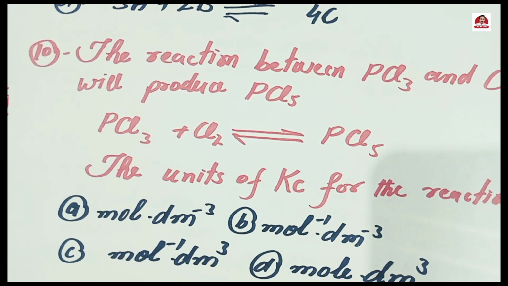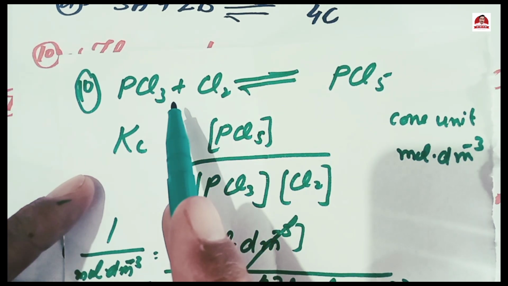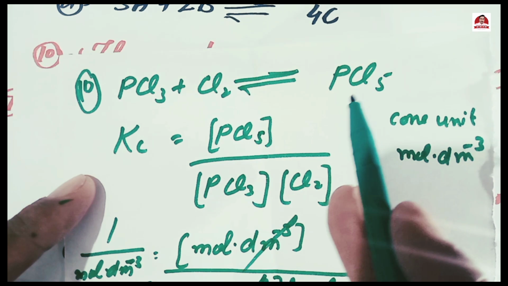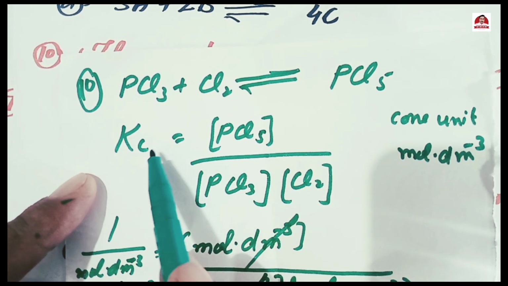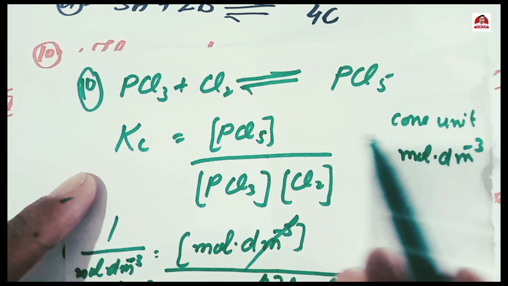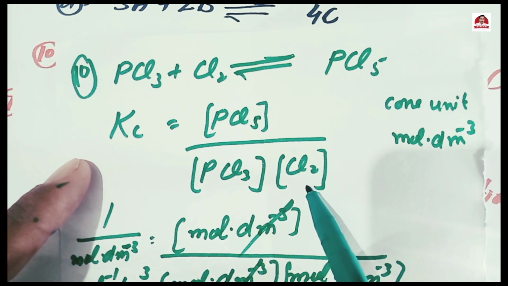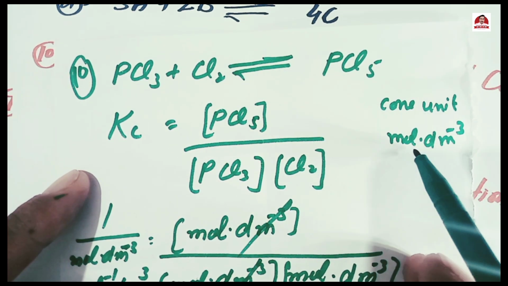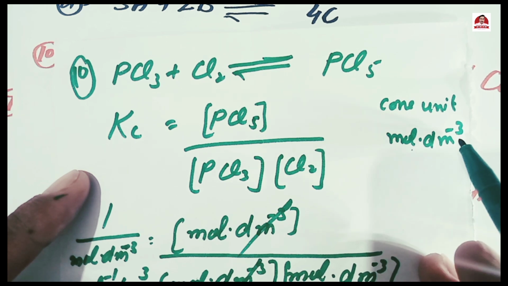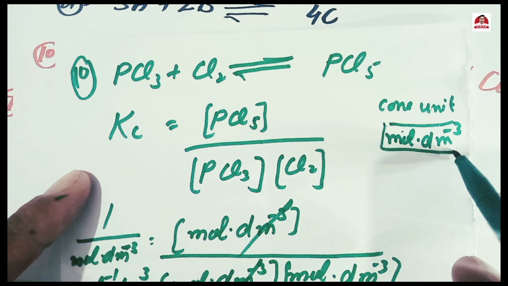So we know that according to this equation, first we write it in Kc form: the concentration of the product divided by the concentration of the reactants. As we know, the concentration unit is mole per decimeter cube.